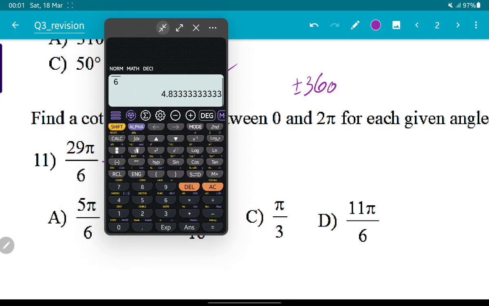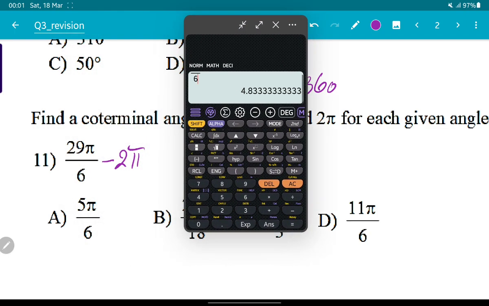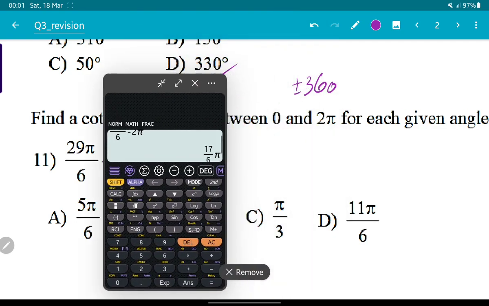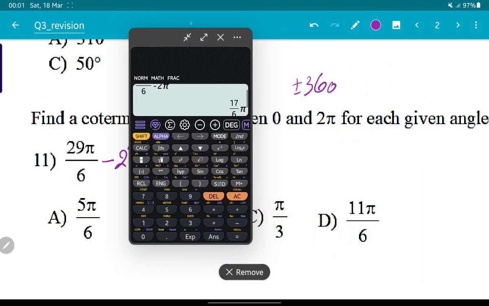But if you subtracted and you didn't find a normal 29 pi over 6, then minus 2 pi. Okay, this is 17 over 6 pi. It's not one of the options.